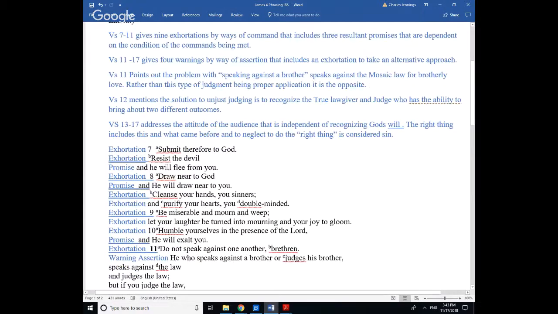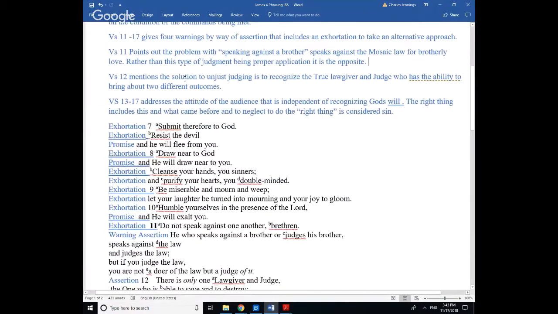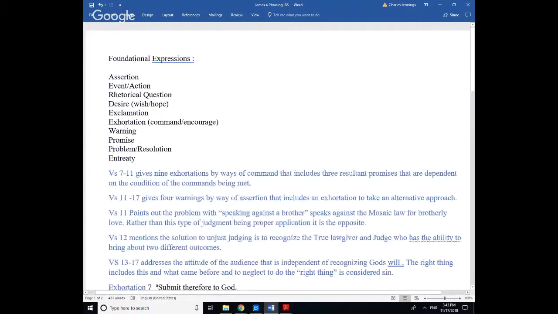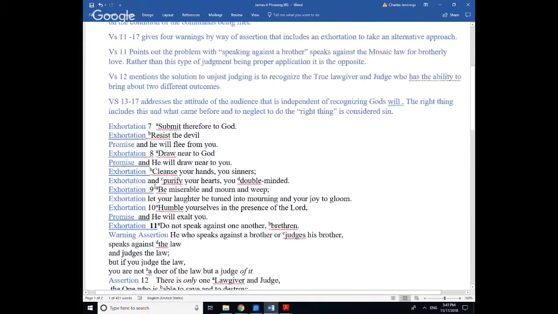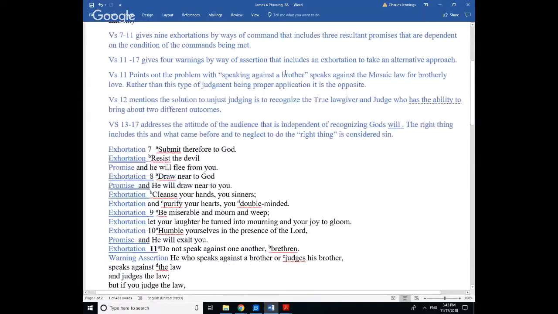so we come down through here, and verse 12 mentions the solution. If you go through here, you'll also see a problem-resolution concept. And so you start thinking of it like that. You mentioned a problem of speaking against a brother, and we talk about that.